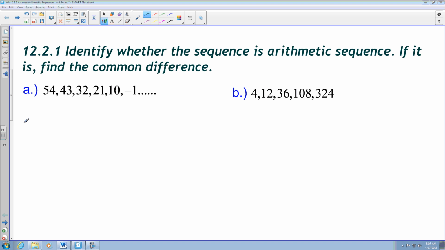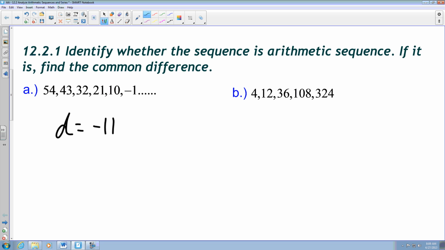So yes, example A is an arithmetic sequence, and the common difference, which is denoted D like we had on top of our table in our notes, D would equal negative 11.